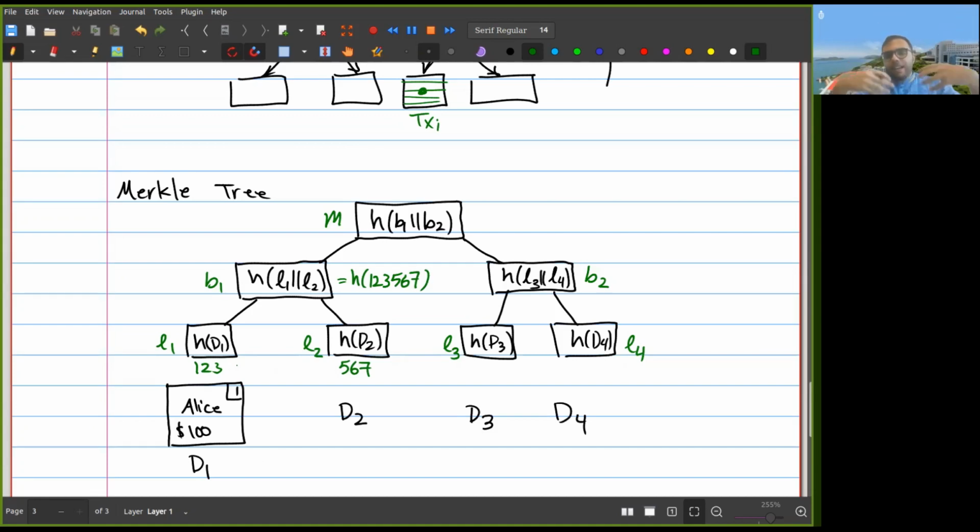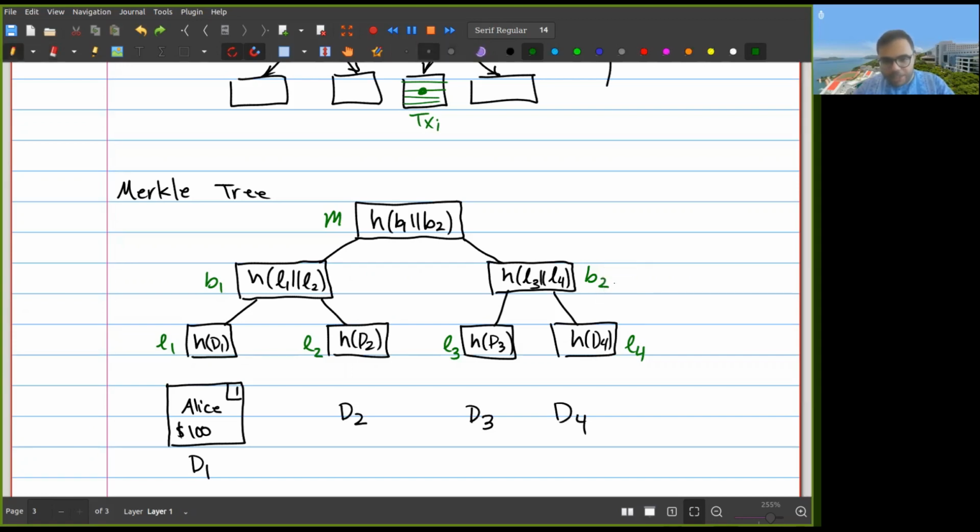And at every level, I do the same thing. I take the two hashes that I have in my two children, put them together, and hash again. So this one has the hash of D3, this one has the hash of D4. I'm putting these two together and hashing them.